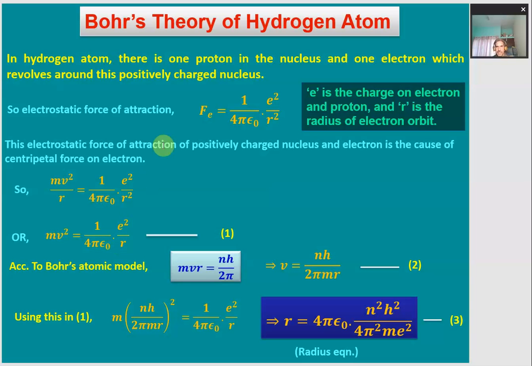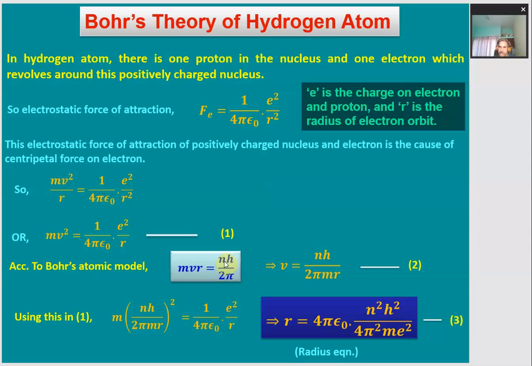Till here everything is the same as what Rutherford's atomic model says. Now because Bohr made some corrections, according to Bohr, mvr, which is the angular momentum of the electron, will be given by n times h upon 2 pi in any specific orbit, where n is equal to 1, 2, 3 and so on.